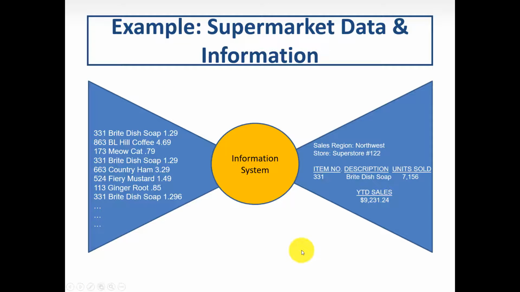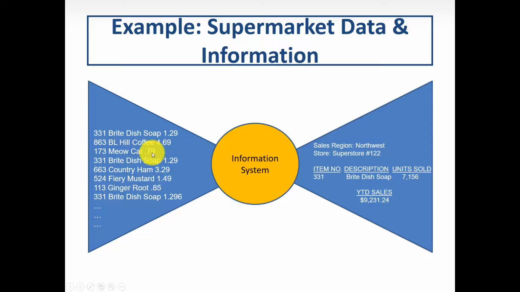Okay, so here's a more practical example from a supermarket. You can see the transformation by means of a system. On the left side, you have raw data, and on the right side, you have information. So on the left side, what do you see here? A bunch of numbers, codes, I guess, a list of items like Bright Dish soap, BL Hill coffee, Meow cat.